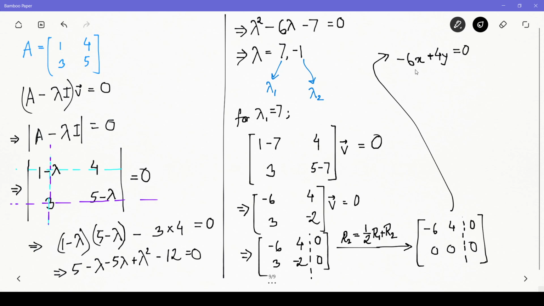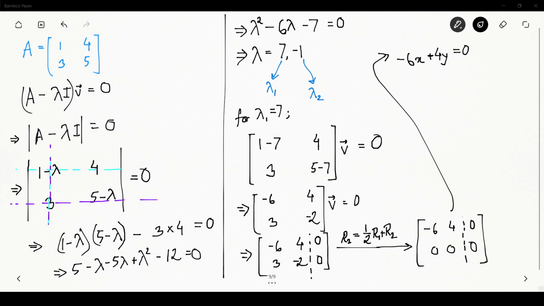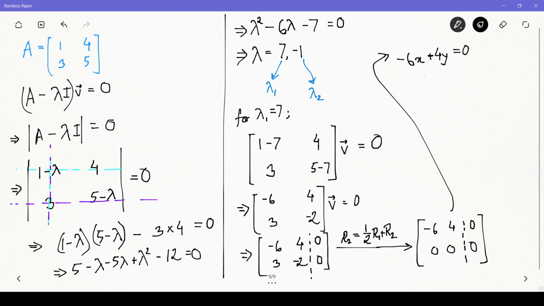So let's say we take the value of x to be 2 and the value of y to be 3. What do we get?